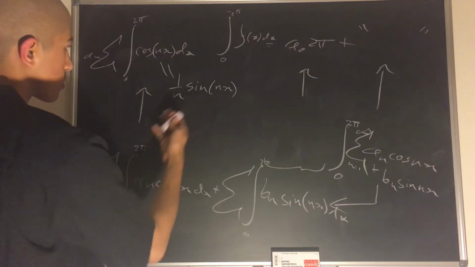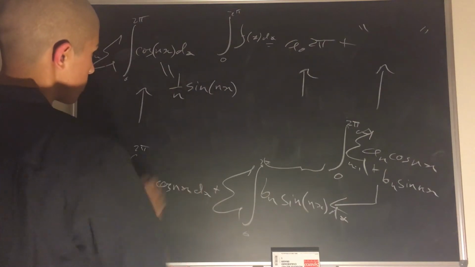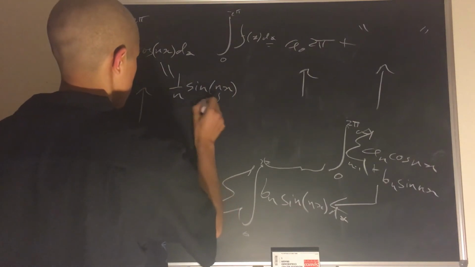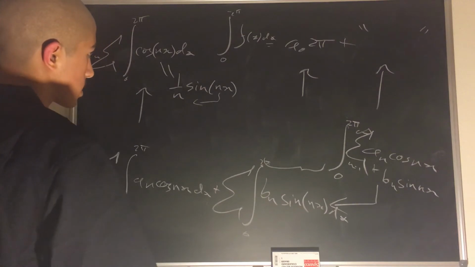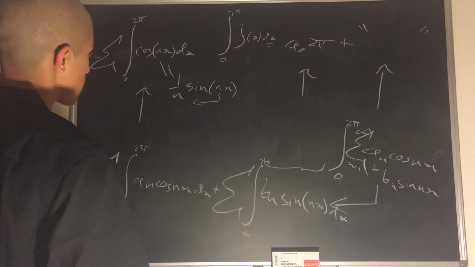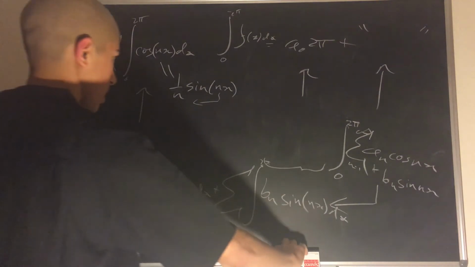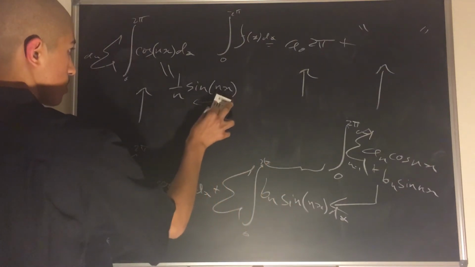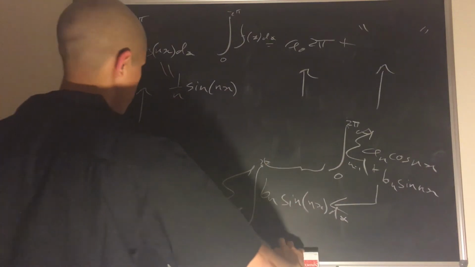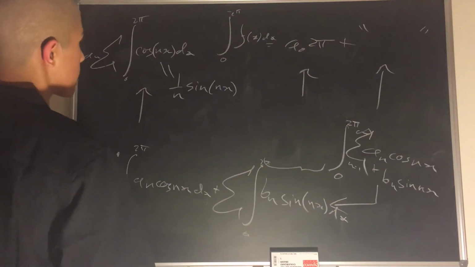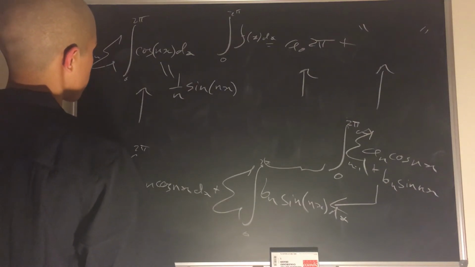And we can check this right here. We can take the derivative. So we pull this out, it divides out, it becomes cosine of nx, and it checks out. So 1 by n sine of nx is equal to the antiderivative of cosine of nx.